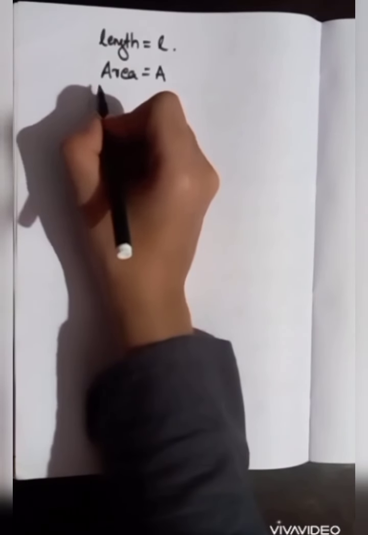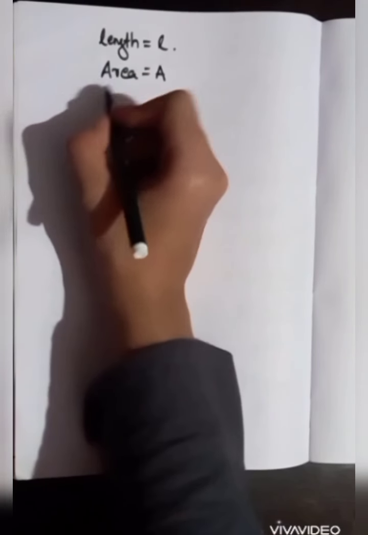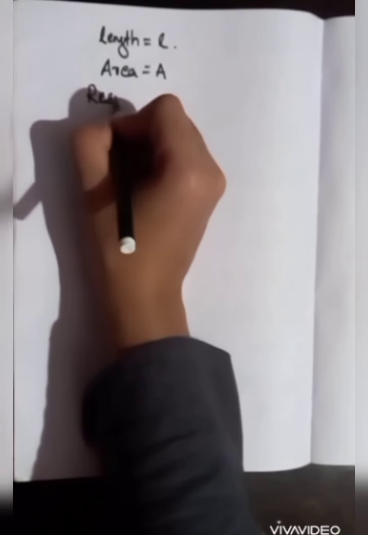Here it is asked: a wire of given material having length L and area of cross section A has a resistance of 4 ohm.